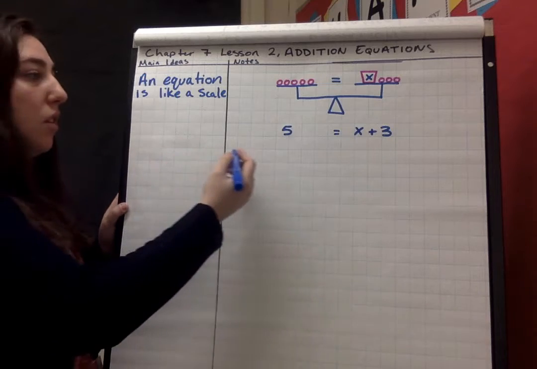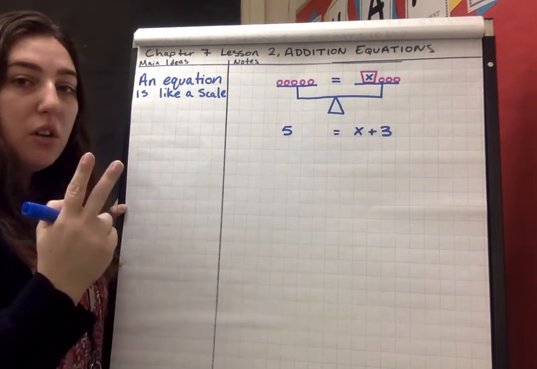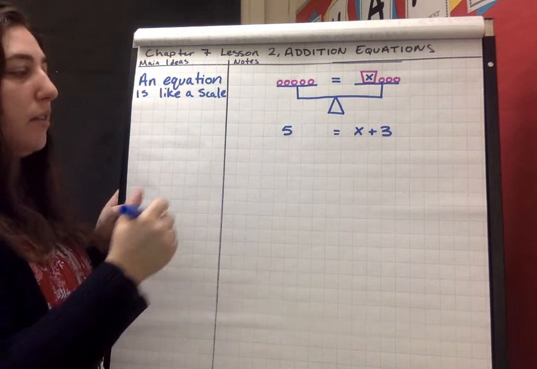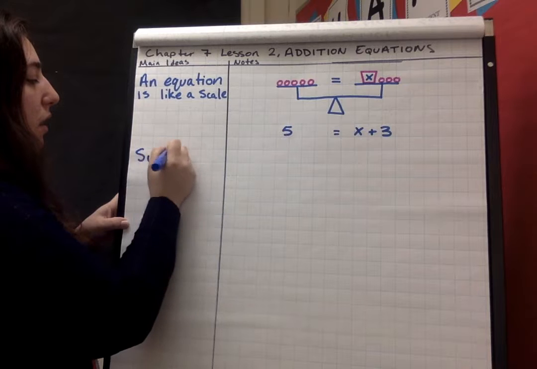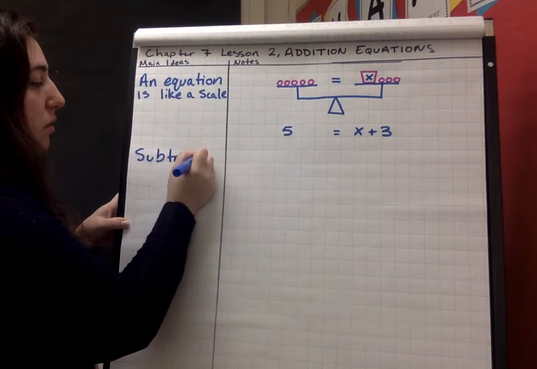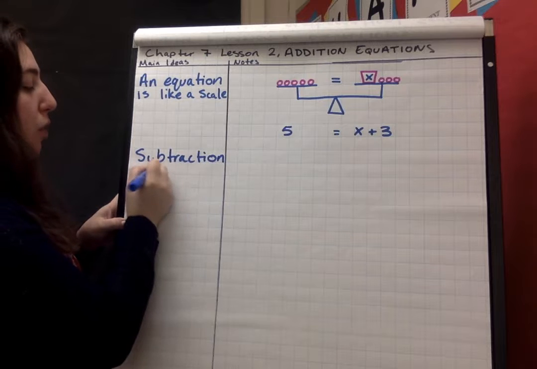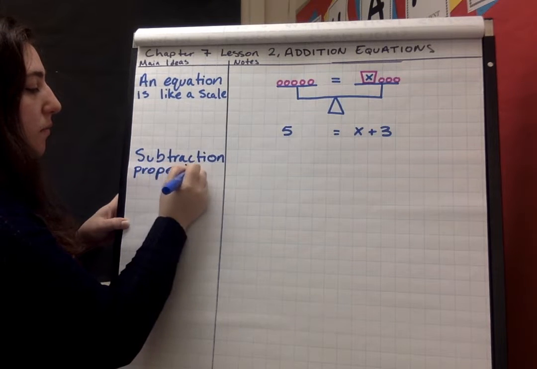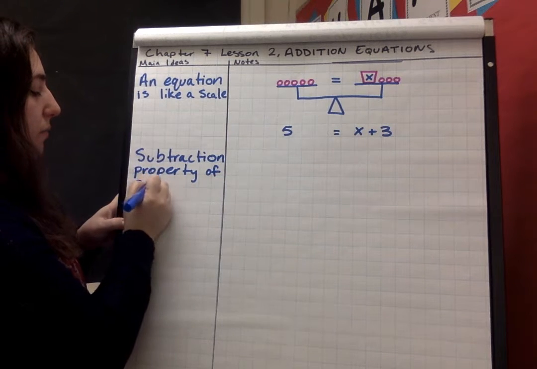Okay, so before we move on with this, we've got to learn 2 things to help us with our process. So the first is going to be the subtraction property of equality.